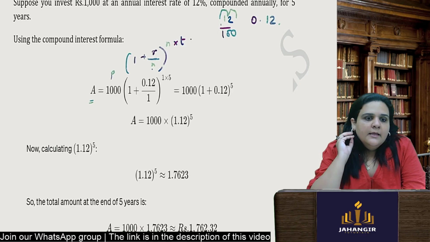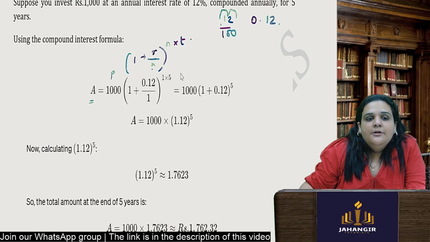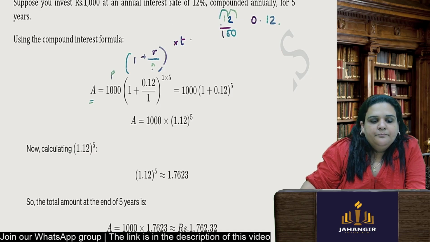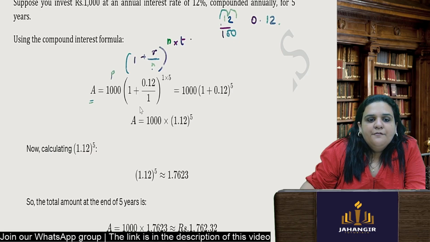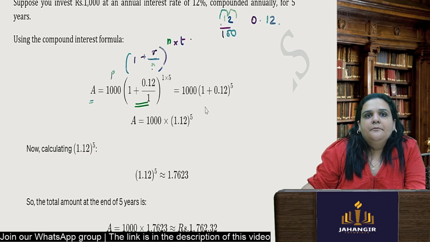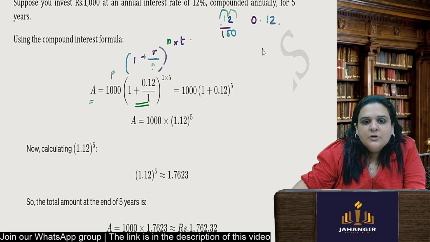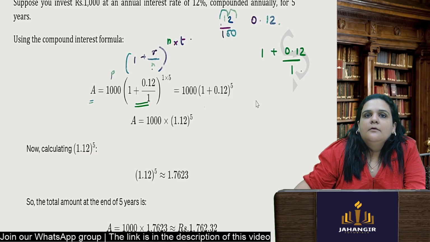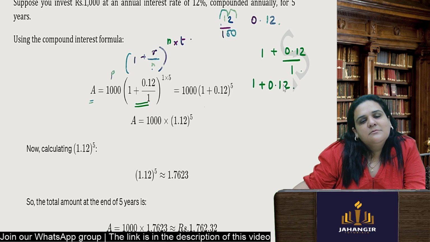Okay. Upon n into t, n we know it is 1, t is 5. All this is given. So first try to solve the bracket. When I solve this bracket, I will do 1 plus 0.12 upon 1, which is the same thing, no?